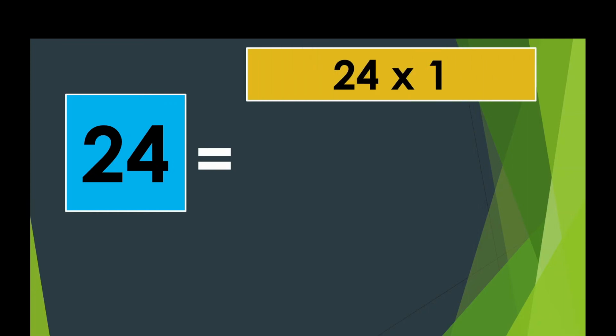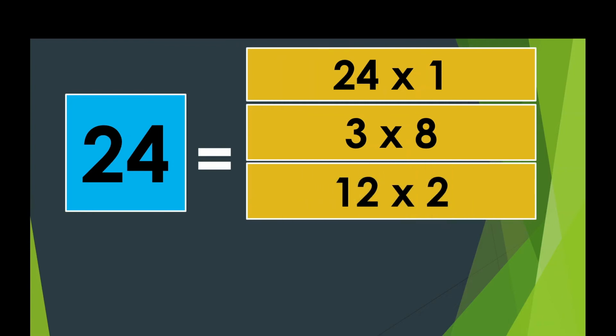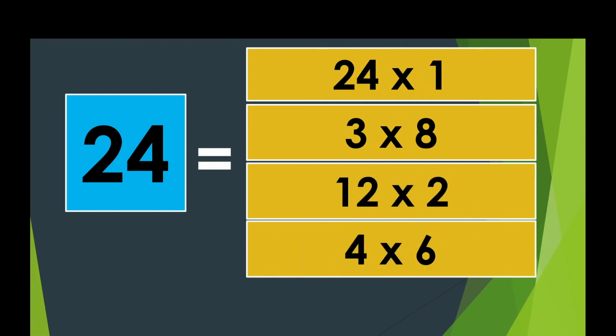24. The possible multiplication sentences of the product number 24 are the following. So we have 24 times 1, 3 times 8, 12 times 2, and 4 times 6.